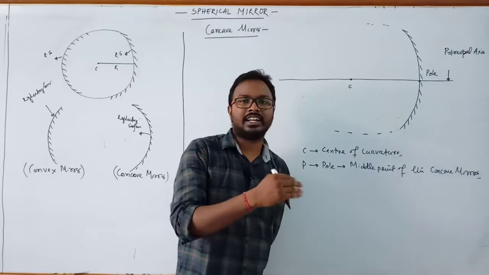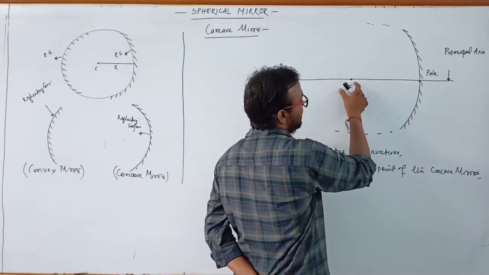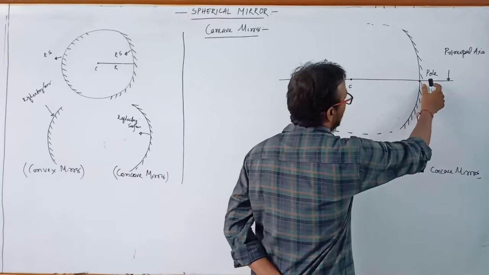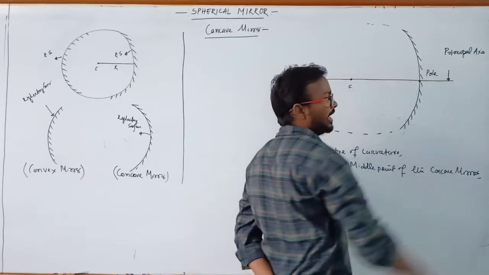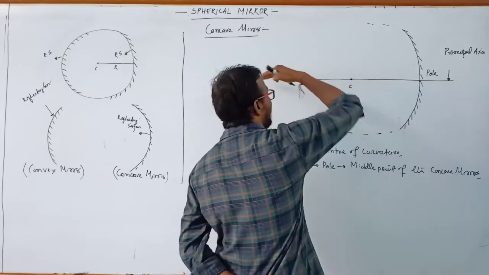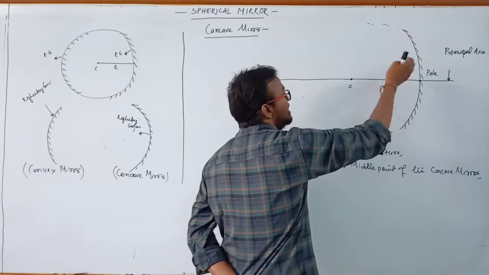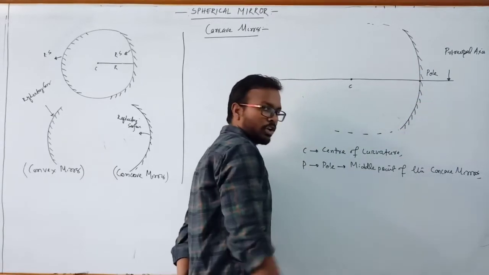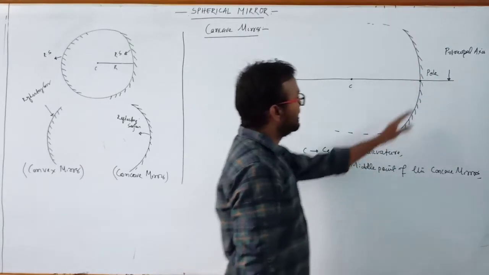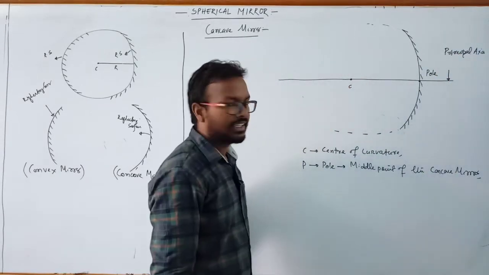The principal axis is that axis on which the center of curvature and the pole lie along the same line. If we join the center of curvature and the pole, we get a straight line passing through the center point of the concave mirror, and this straight line is known as the principal axis.